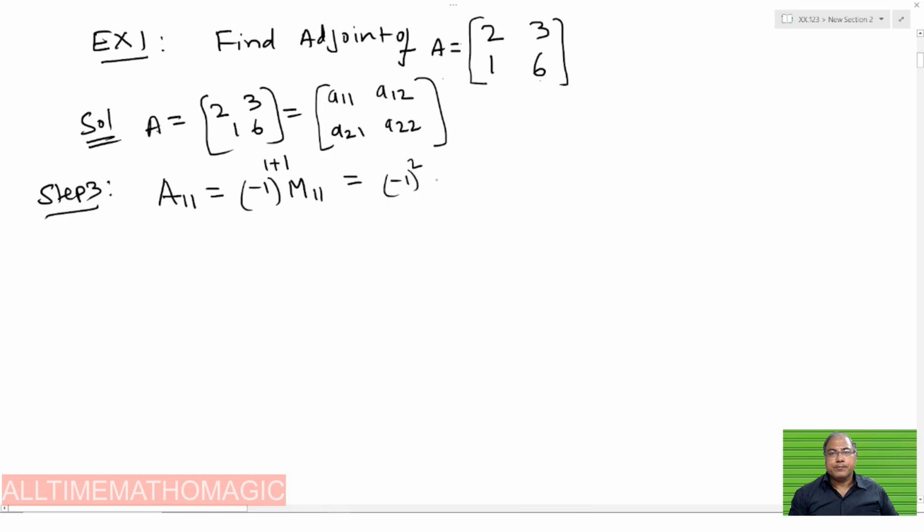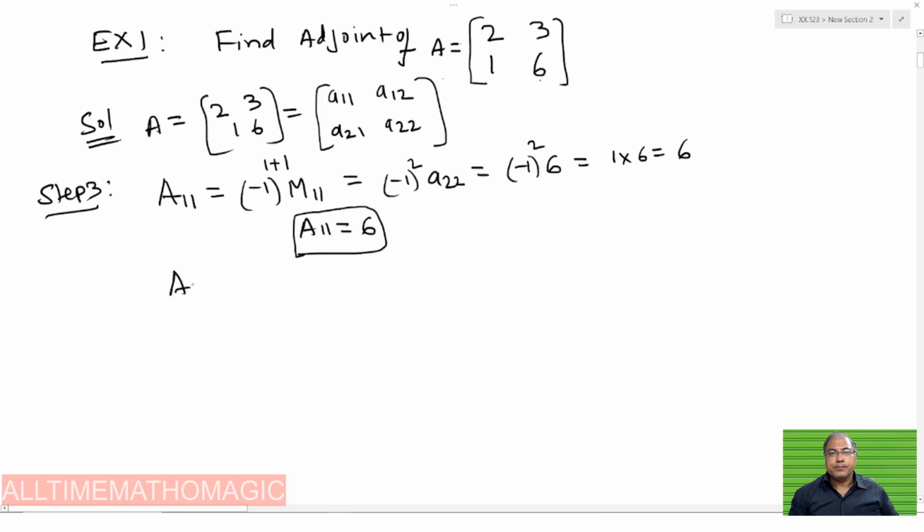For M11 you have to delete row 1 and column 1. What is left? A22. So that is minus 1 squared times A22, and A22 is 6. Therefore 1 into 6 equals 6. Therefore A11 equals 6.